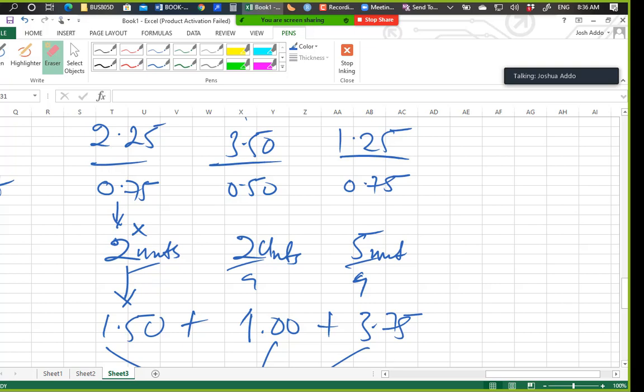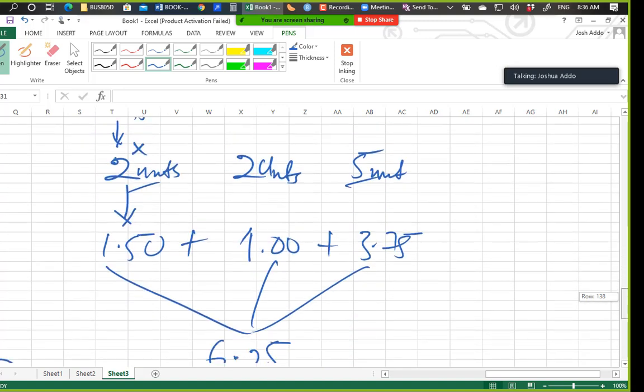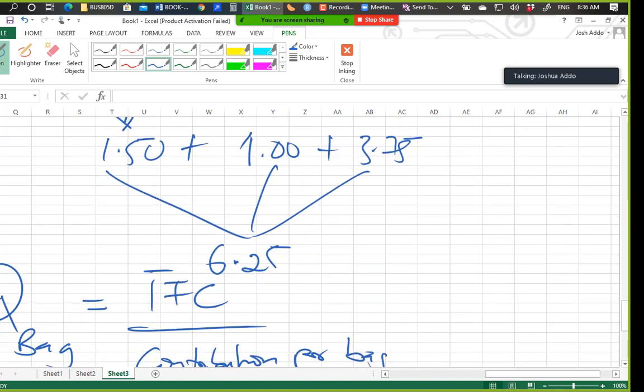So this one we got without the over 9 as 6.25. The denominator between them is a common one, 9. So if I divide this by 9, I get the same thing that I was trying to do by that long calculation.